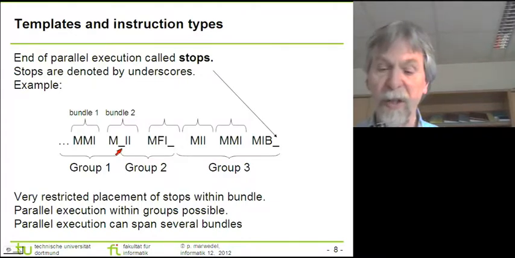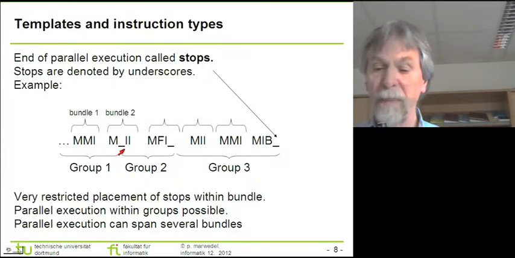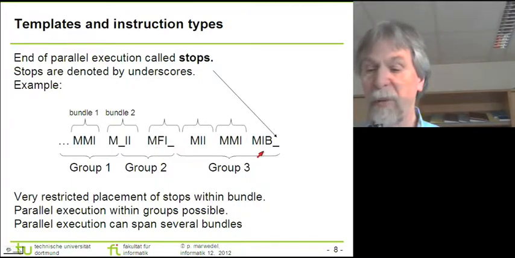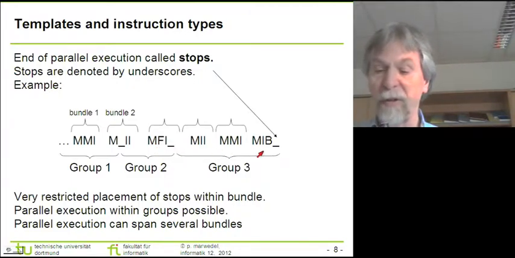Underscores are delimiting the different groups. So in this case, this means that these 4 instructions will be started in parallel. And then we are starting the next cycle, and then we are going to have 5 instructions that are started in parallel, and over here we have 9 instructions that are assumed to be started in parallel.